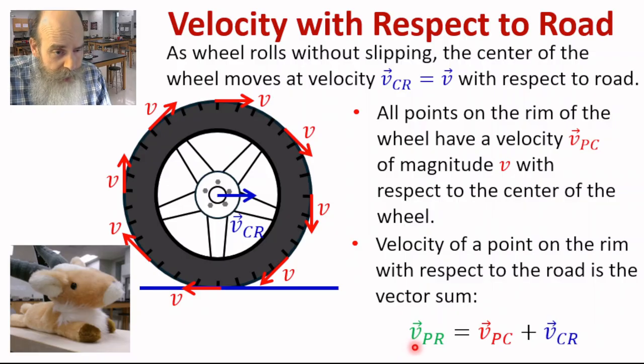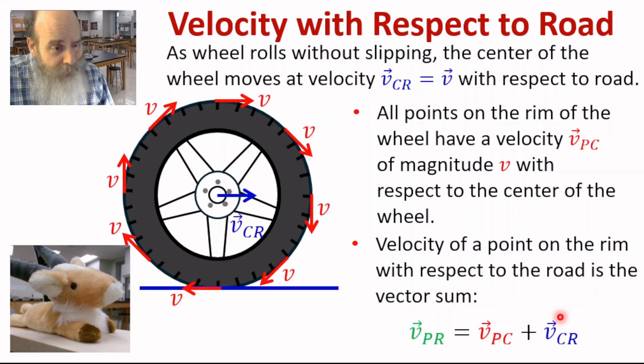So let's see what this means. Velocity of the point on the wheel with respect to the road equals velocity of a point on the wheel with respect to the center of the wheel plus velocity of the center of the wheel with respect to the road. This relationship is just the Galilean transformation of velocities between two reference frames.